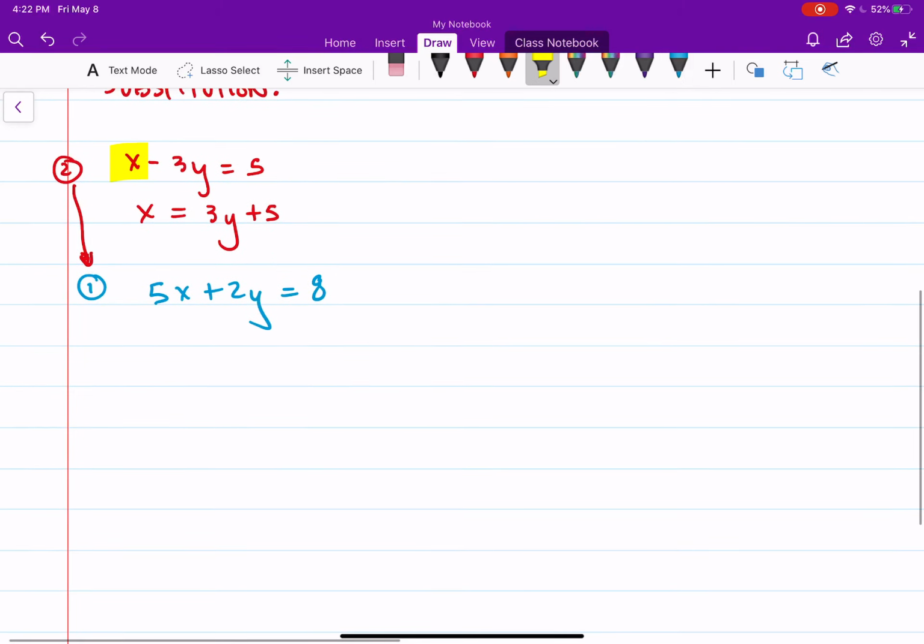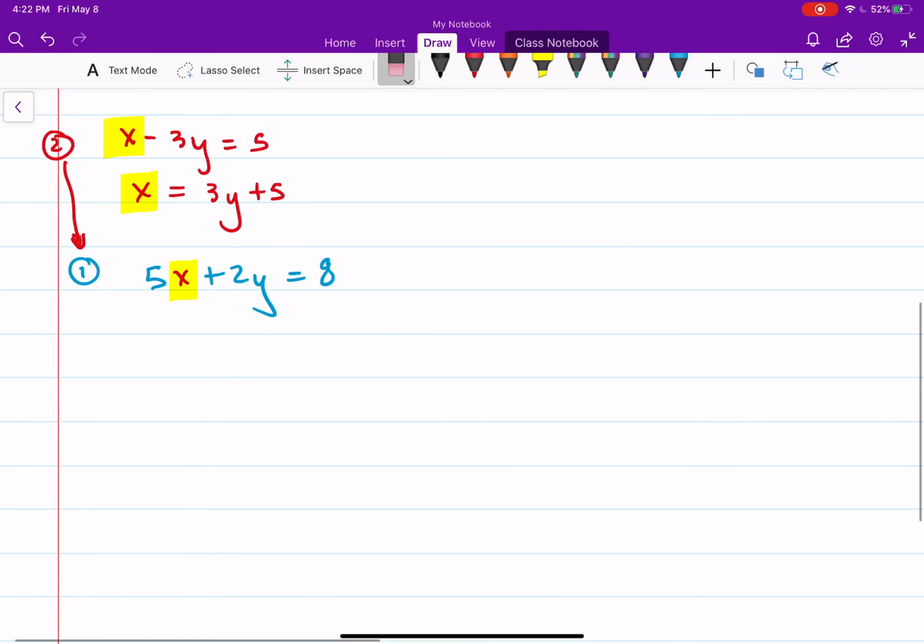I solved for x, so I want to replace this x right here with what x equals. So I have 5 times, plus 2y equals 8, and that is going to be 3y plus 5, because x is equal to 3y plus 5.